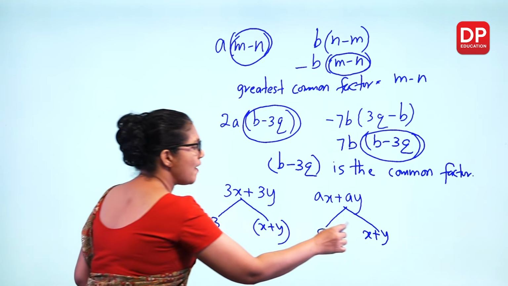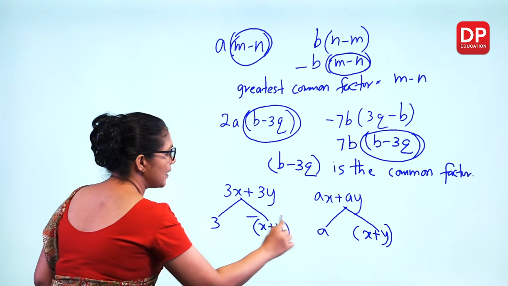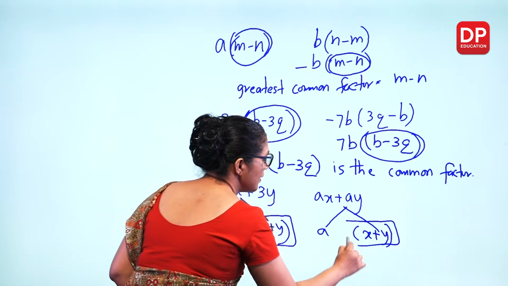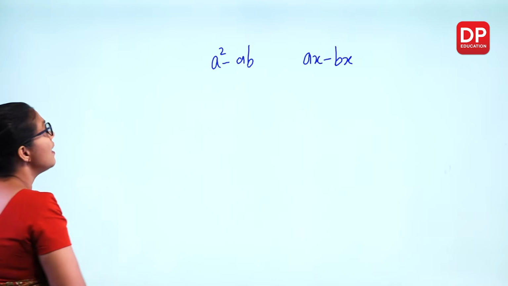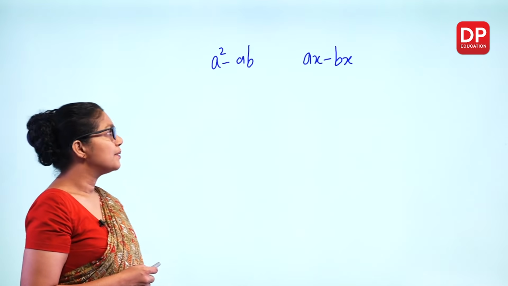So what's the common factor? X plus y. So here I can write the greatest common factor as x plus y.